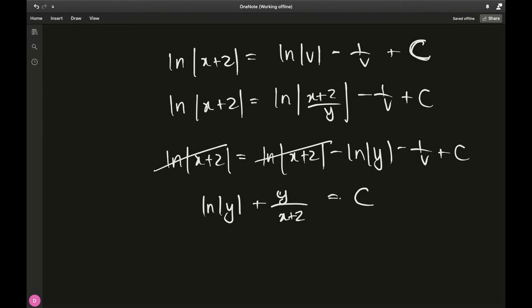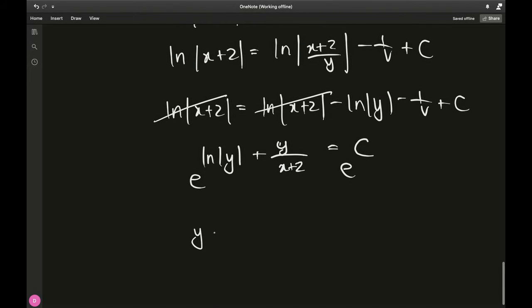Fair enough. And if you want to do more justice by taking the anti-log on both sides, you can do that. So we'll have e as the base, y multiplied with e to the y over x plus 2 actually being equal to e to the c, which we can call another constant of integration d.